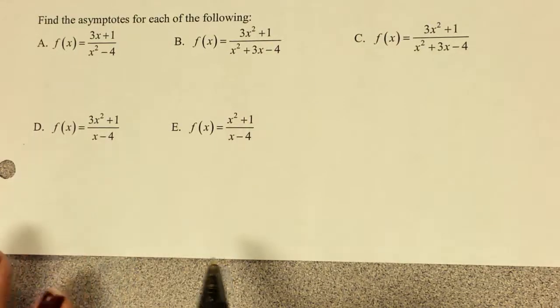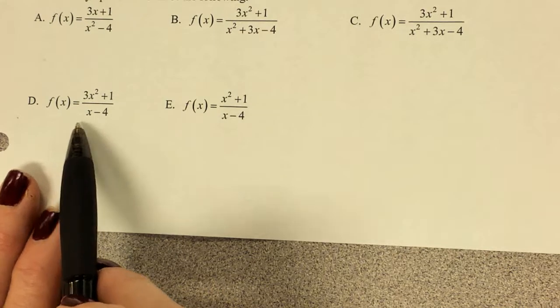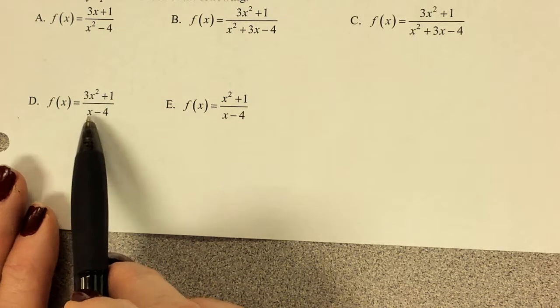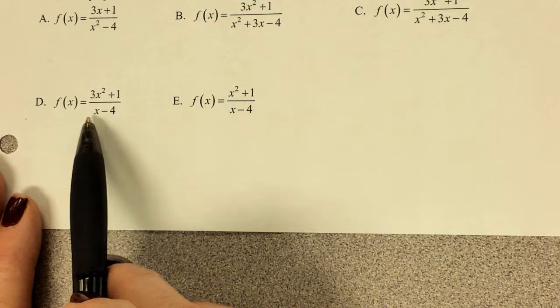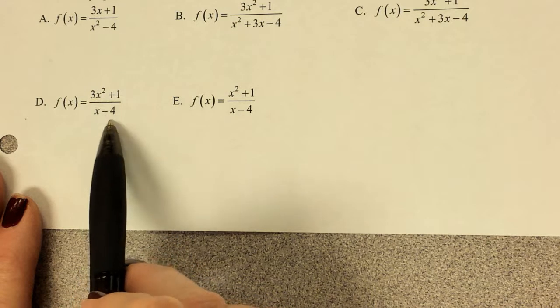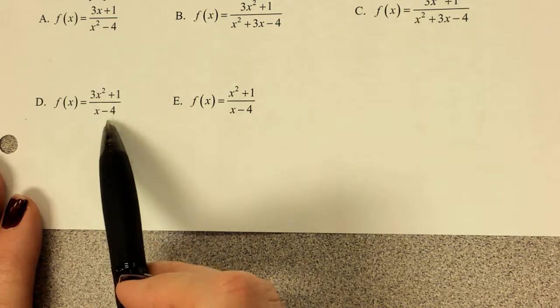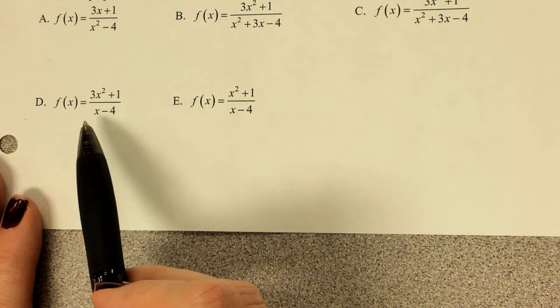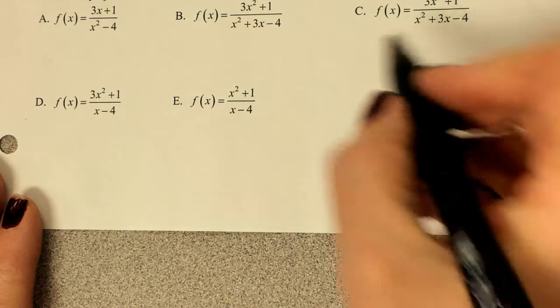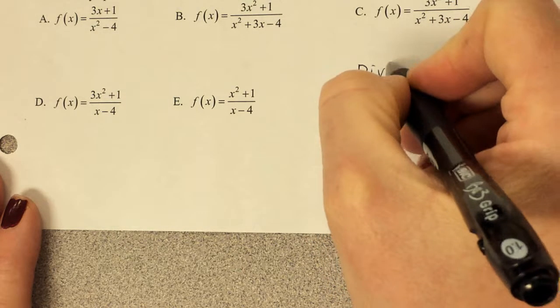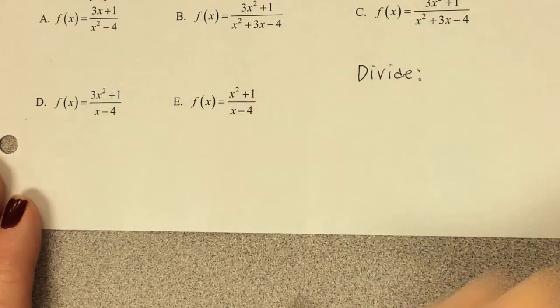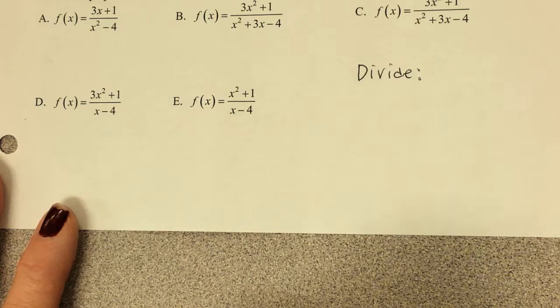All right, so let's look at some problems then that would have slant asymptotes. Look at letter D. So we have to divide these two. If we could factor, we would, but we can't. So to divide them, we're going to have to use one of our other methods. We have two methods to divide. The two methods we have, does anybody know one? Maya?